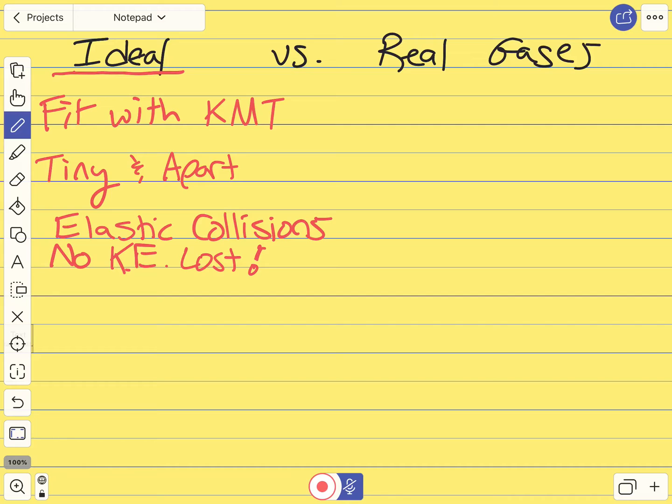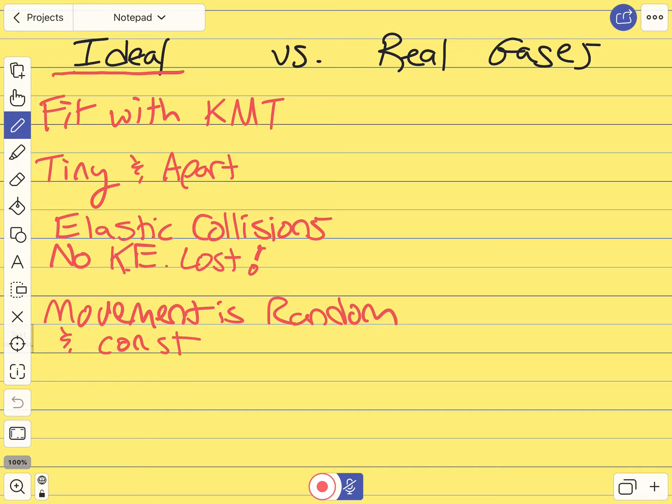Additionally, movement is random. Movement is random, constantly moving. So it's random and constant. Okay? And that there's no attractive forces.